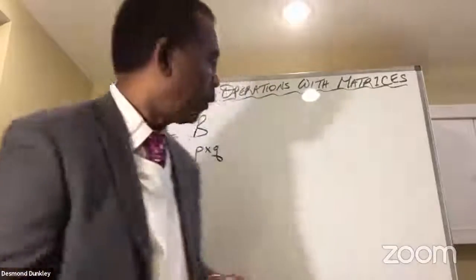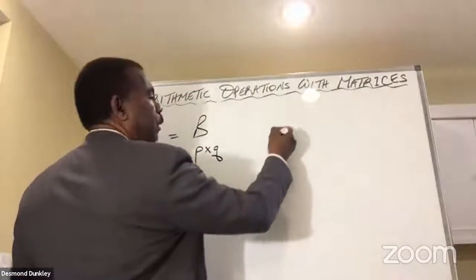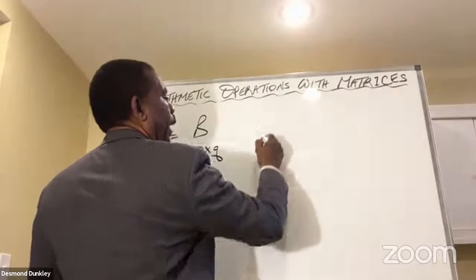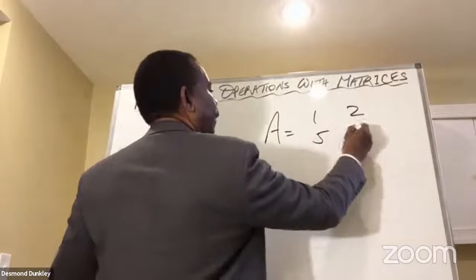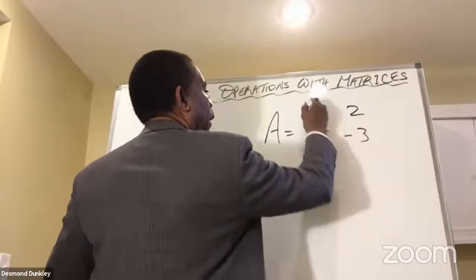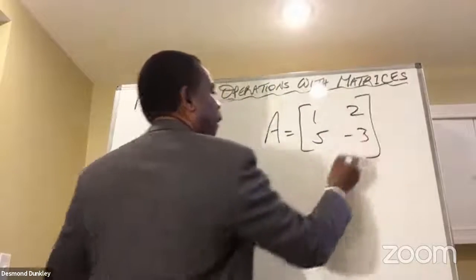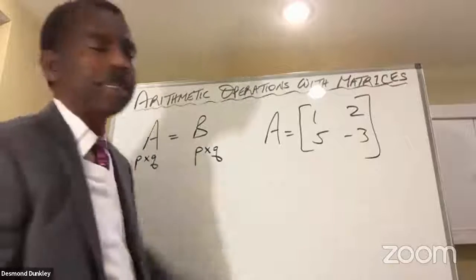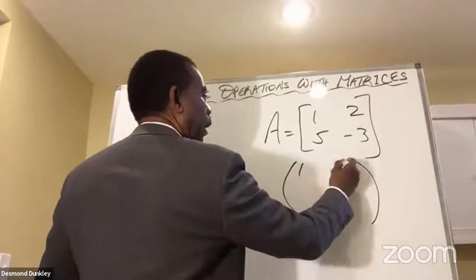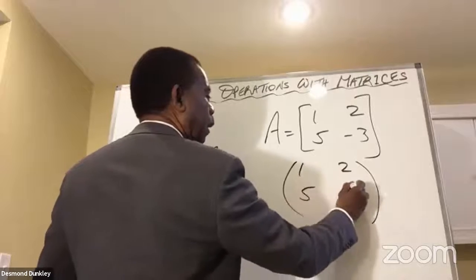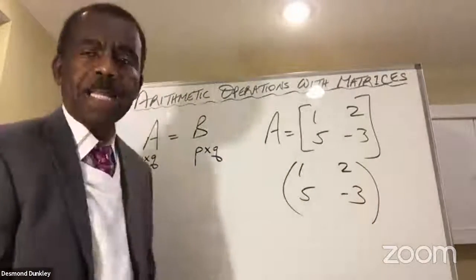Oh, by the way, if I gave you the matrix A equal to 1, 2, 5, -3, you can use both square brackets and also parentheses. So it's just a matter of style.